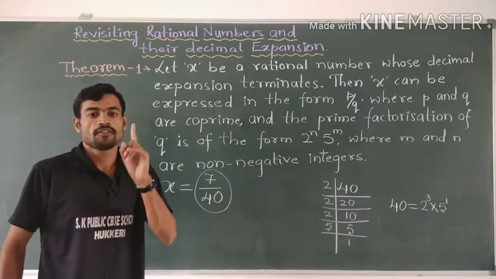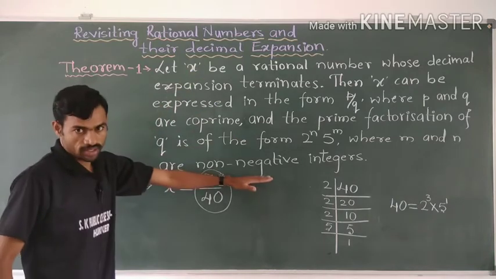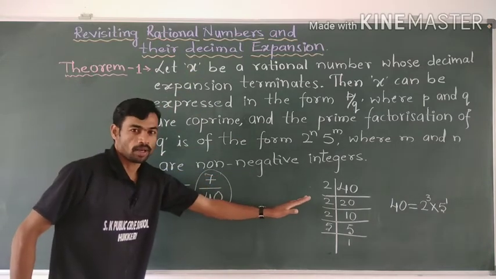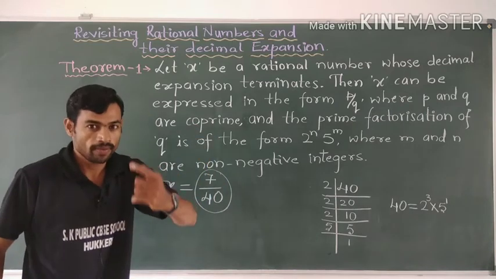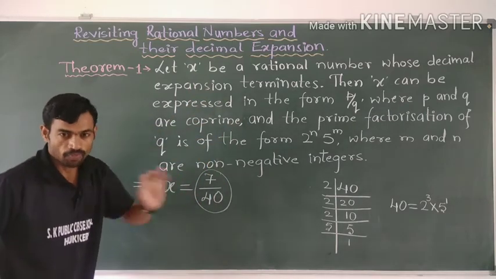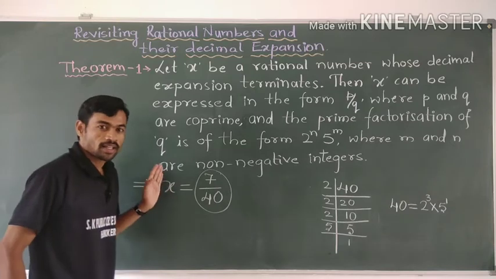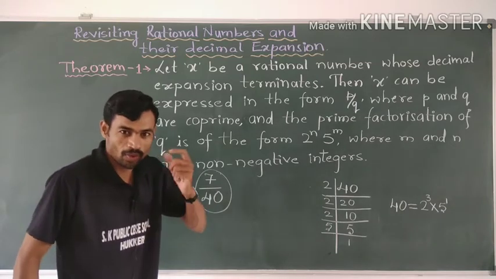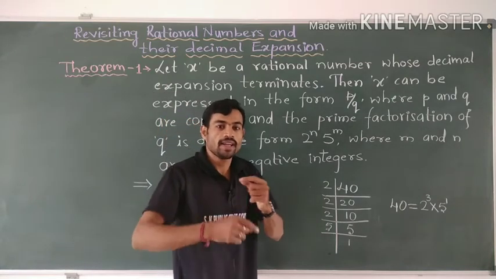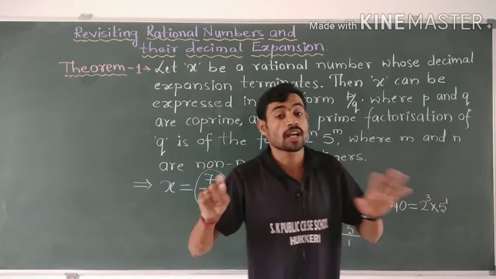Clear? This is the first theorem with an example. Once again I will explain this theorem: let x be a rational number whose decimal expansion terminates.